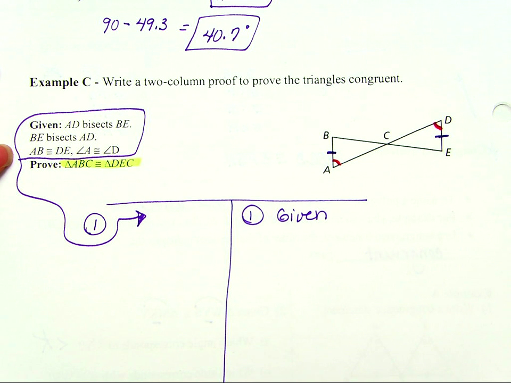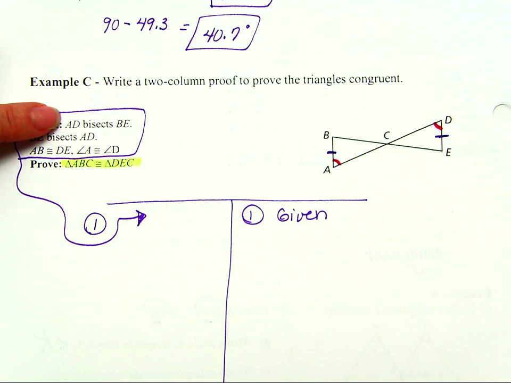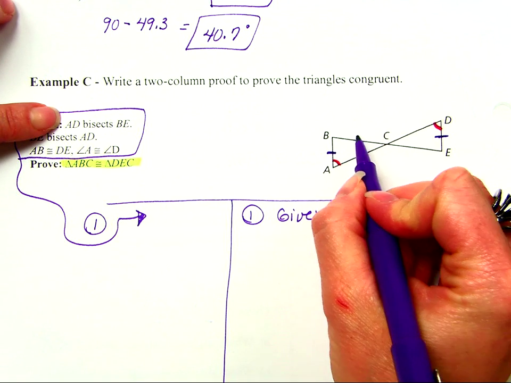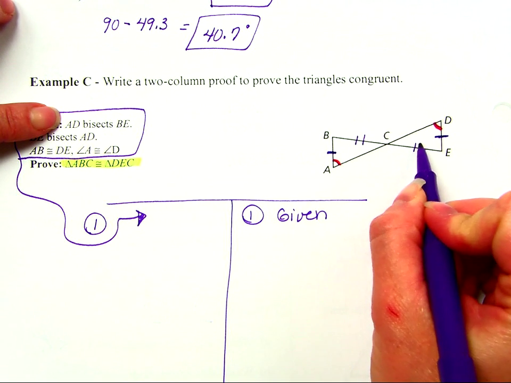Well, my other part of my given information tells me that AD bisects BE. We know that bisect means cut in half. If AD bisects BE, this is the line being cut in half. So I'm actually going to go ahead and mark it like this.